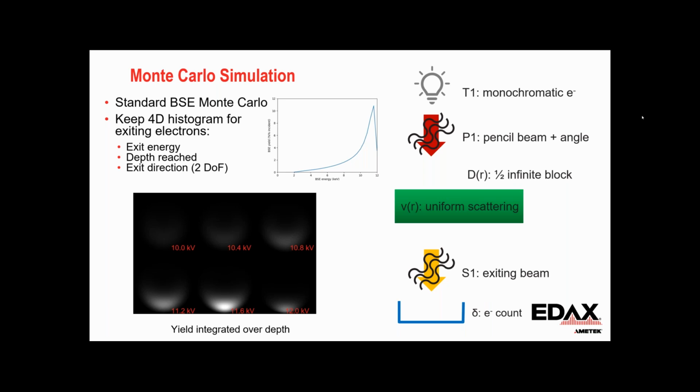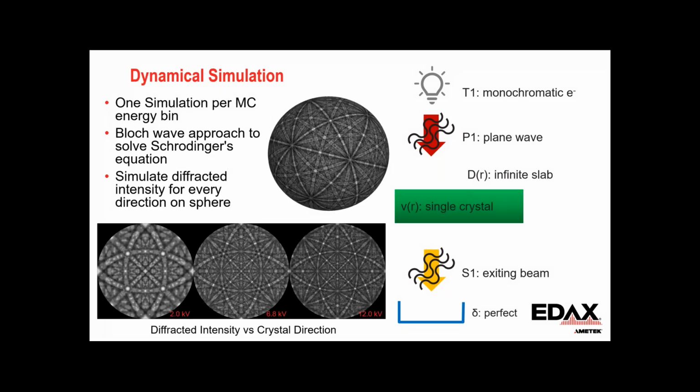And then once we have the Monte Carlo, we use that in a dynamical simulation. So there is a simulation done separately for every energy bin. So that's what's shown down here on the left, the hemisphere in a stereographic projection of that result for different voltages.